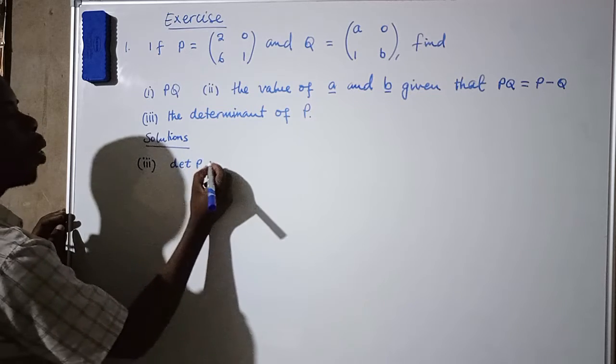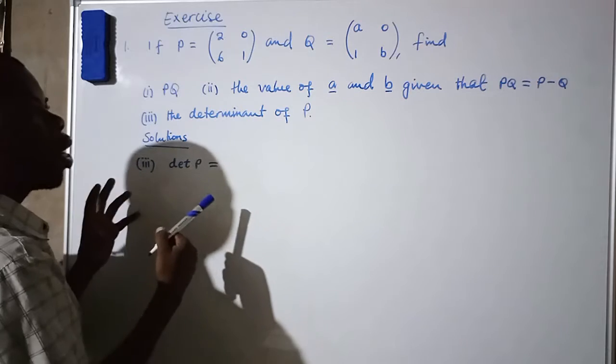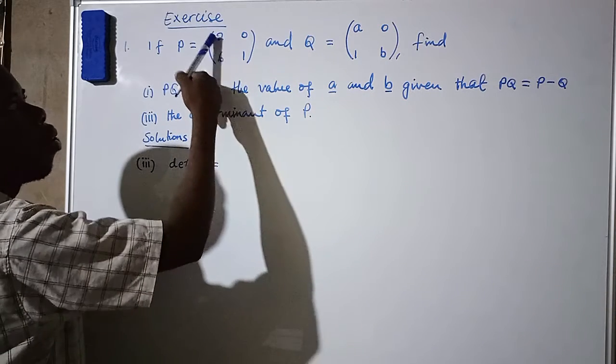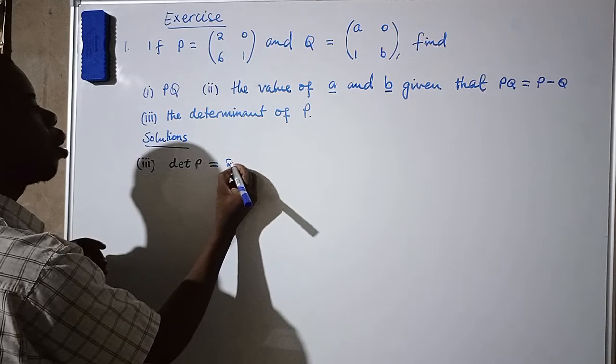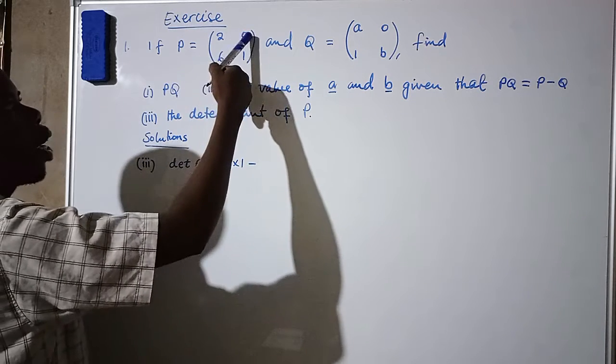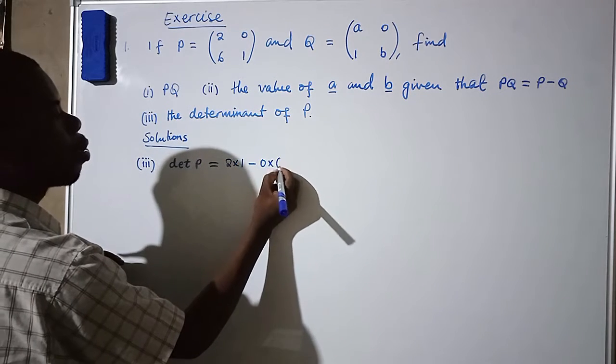So determinant of p now can be equal to, remember we said it is given by the product of the elements in the major diagonal, like 2 times 1, then minus the product of the elements in the minor diagonal, like 0 times 6.